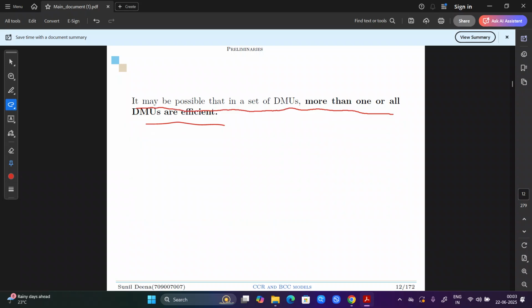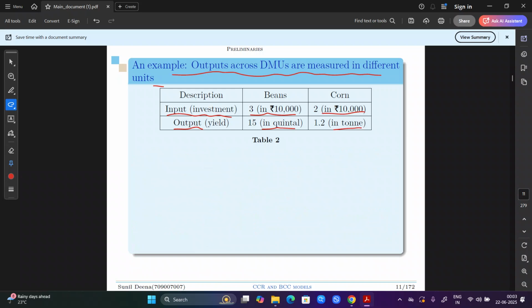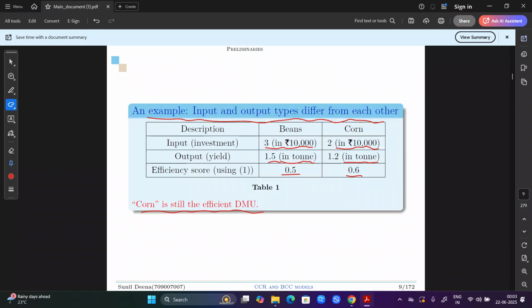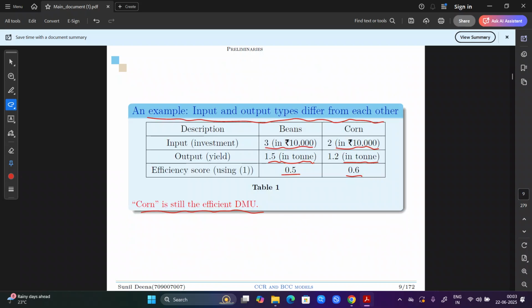So once again I will revise the conclusion for today's video. It is very simple: under what condition we will use the efficiency formula. So, applicability conditions for formula 1, again I will consider an example. Input is the investment, output is the yield.